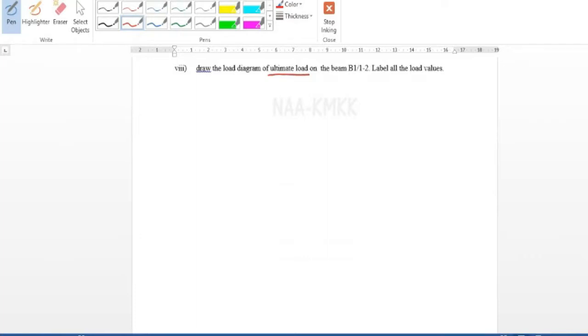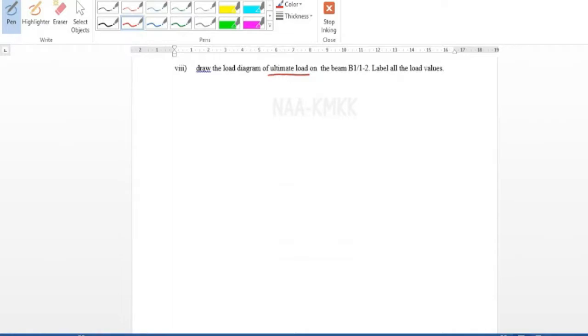What is meant by load diagram is gambar rajah beban. It means for beam B1, 1, 2, apa beban yang ada atas beam B1, 1, 2? What are the loads stated on beam B112? That one we have to sketch.